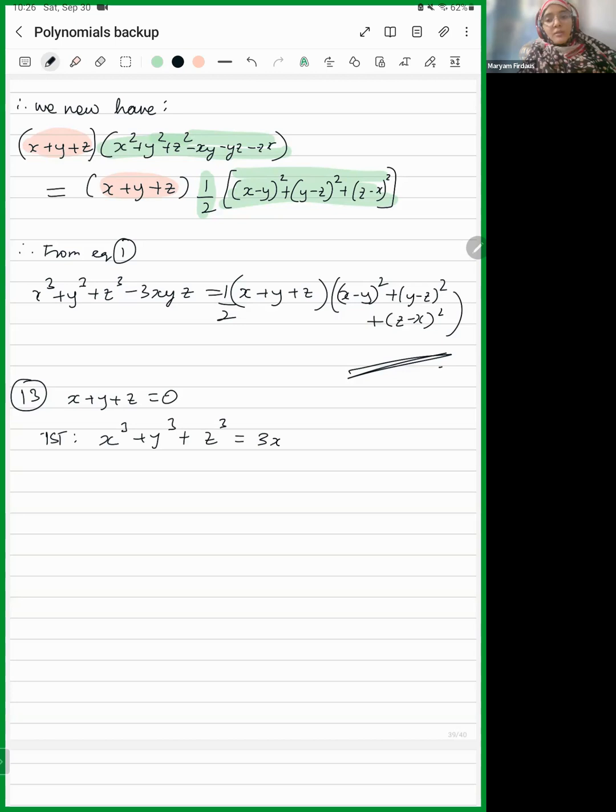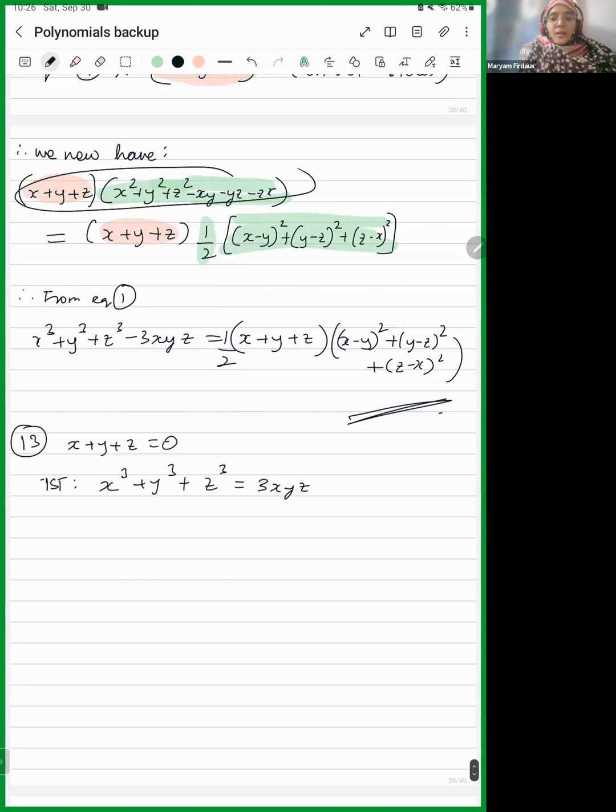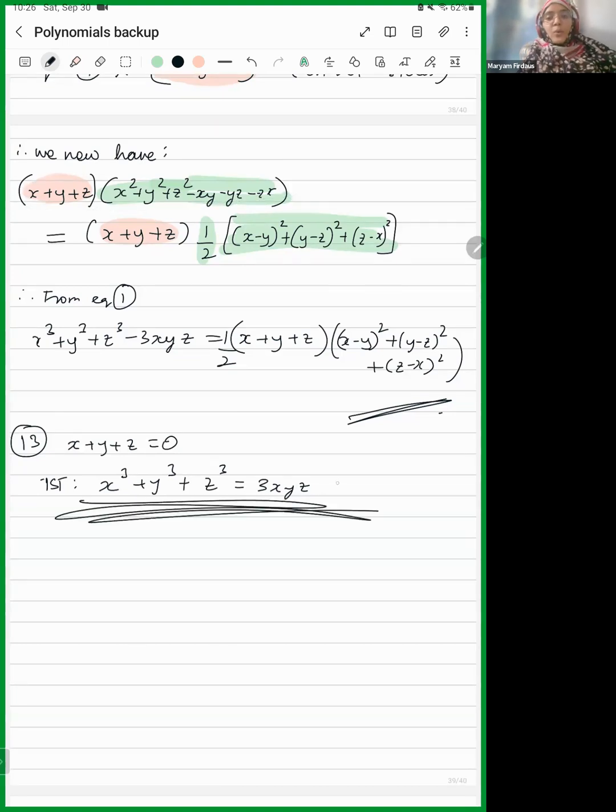See, right now, since we are doing this chapter, it is comparatively easier for you because we have just now done this particular identity. So you know that I have to apply this identity. But in the exam, they're not going to tell you that is the identity you have to apply.